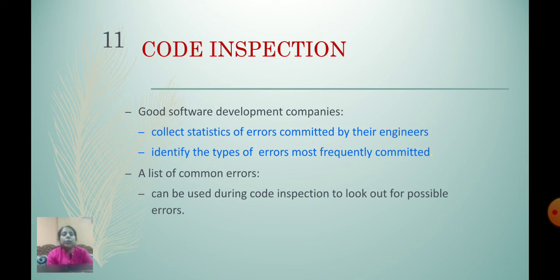Good software development companies collect statistics of errors committed by their engineers. They identify the types of errors most frequently committed and make a list of them.